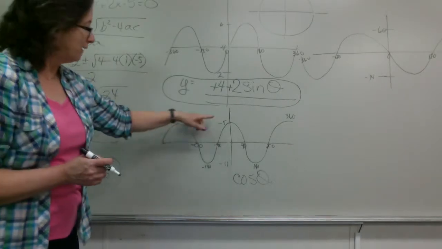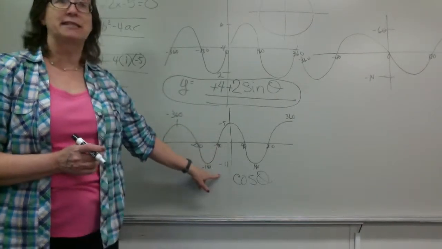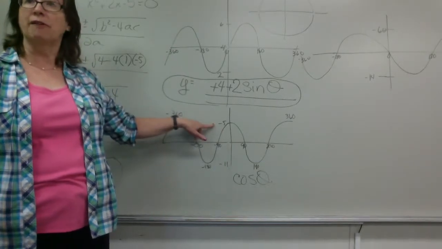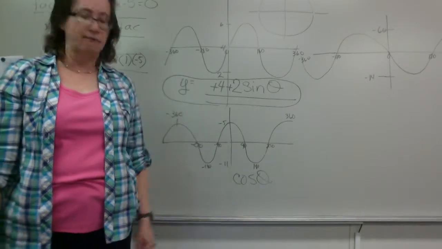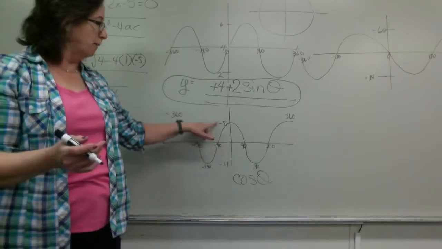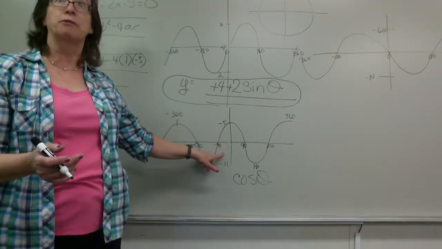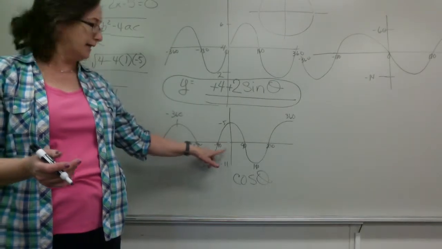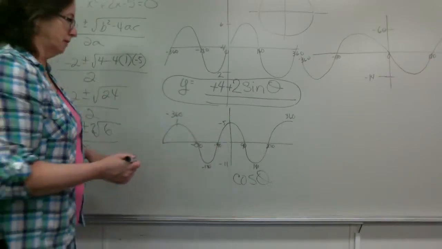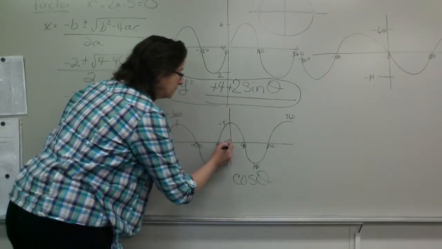So if I have -5 to -11, my high is -5, my low is -11. What would be my distance? 6. Okay, so I'm going to come down 3, halfway between the 6, come down 3 from the -5, and what will I have? -8. -8 will be that center line.